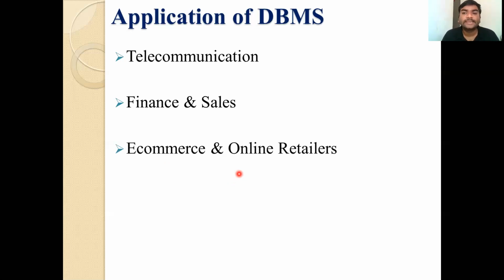You can only see the front end, but in the back end there is a huge database behind every online retailer website. From that website, you can choose your product as per your choice, make payment, and get your delivery within 7 to 8 days. So it plays a very important role in online retail shopping.